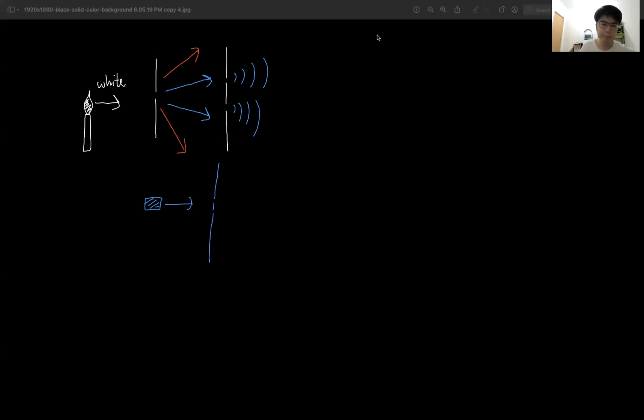Okay, now let me draw a bigger picture here. So we have one slit here, one here. Now here is the screen. So two coherent sources are coming out from the double slit. Now let me draw a distance here.